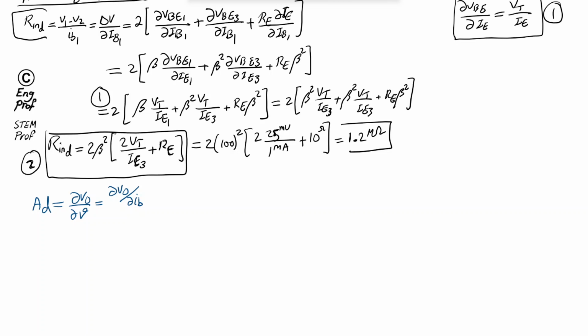I'm just dividing both numerator and denominator by the base current. So it would be as if you're saying, okay, let's find the resulting current. So there you go.